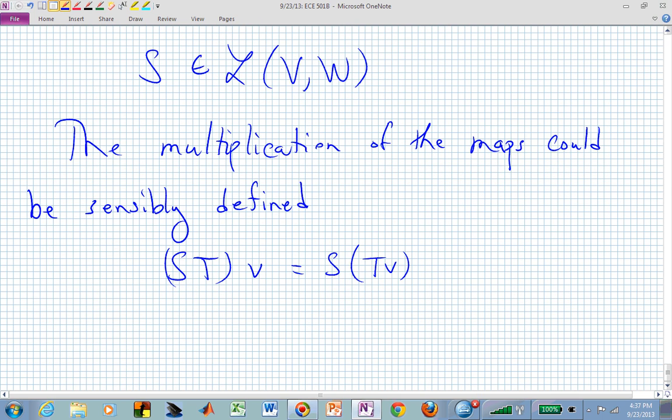And what did we say about the general relationship between ST and TS?